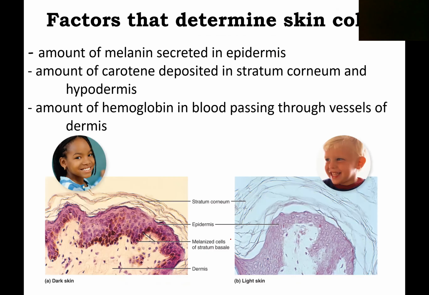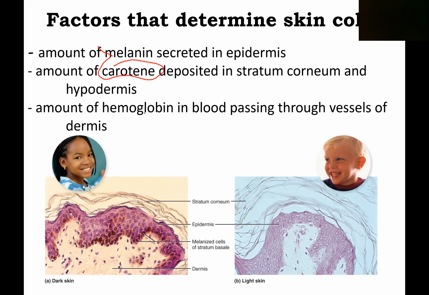Three factors determine skin color. The amount of melanin secreted varies in different segments of the population. Amount of carotene, note the spelling, deposited in stratum corneum and hypodermis.